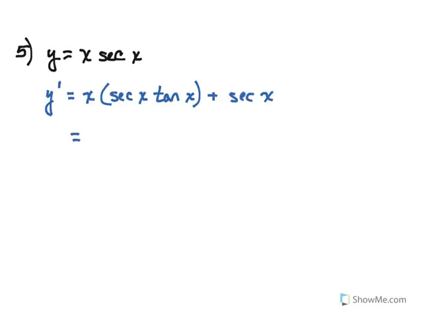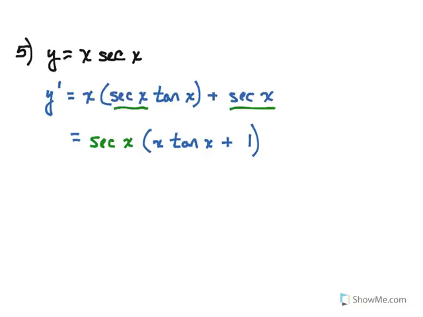Now this is one in which we could factor out, we have a greatest common factor here in secant, so we could factor that out. And if we think about what we have remaining then, we have an x tangent of x, and then we need a 1. Remember, you can always check these by doing distributive property to make sure you get the previous line back again. And that's how we would leave our answer.